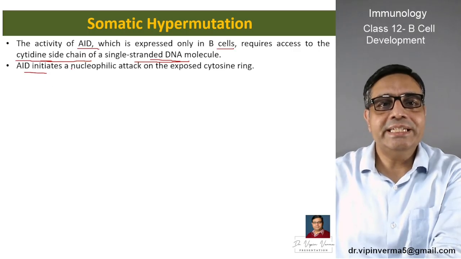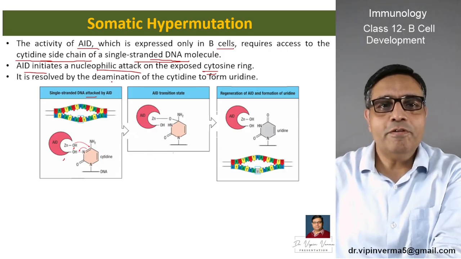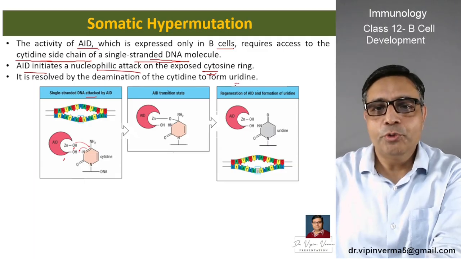So AID initiates a nucleophilic attack on the exposed cytosine ring. Here you can see this is the cytidine side chain, and here the AID attacks. So single stranded DNA is attacked by the AID, and it is resolved by the deamination of the cytidine to form uridine.